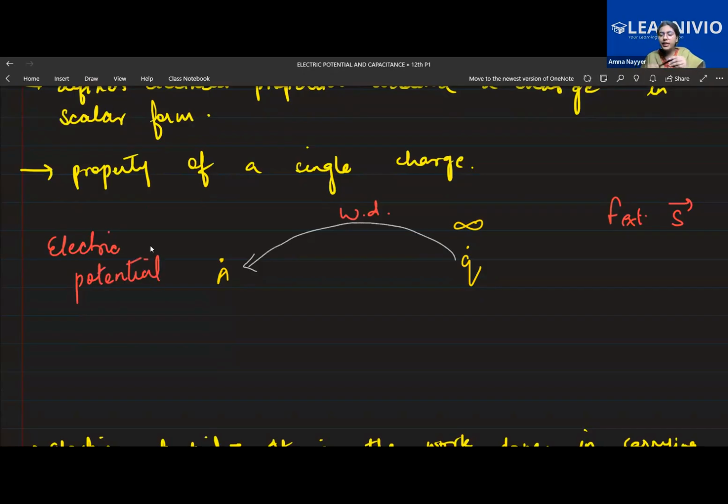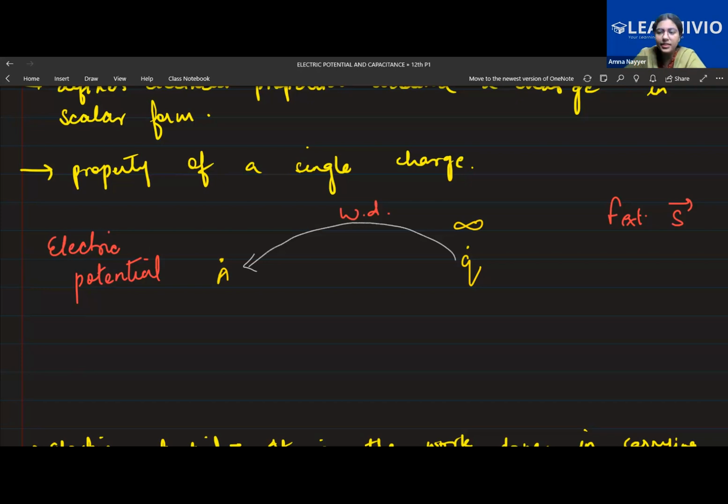When you are just bringing charges from one point to another, that work done per unit charge is electric potential difference. But when we are bringing the charge from infinity to a particular point, that is called electric potential. So basically, it's all about the work done.